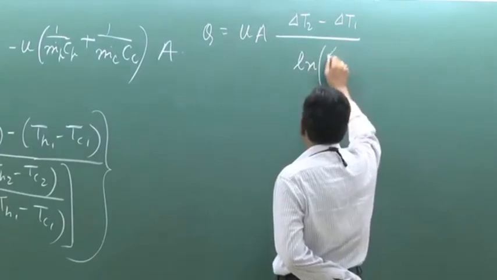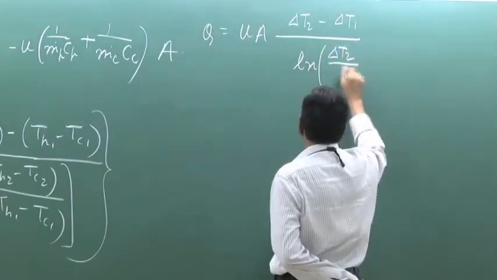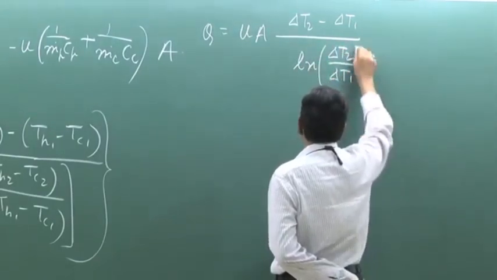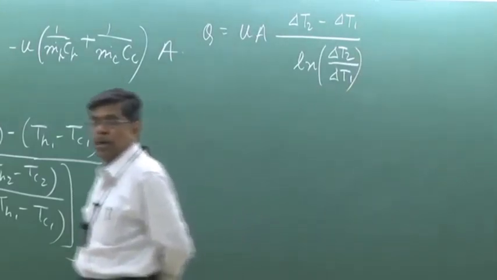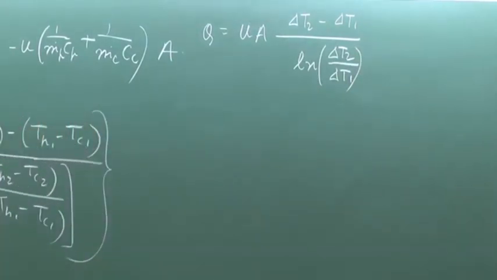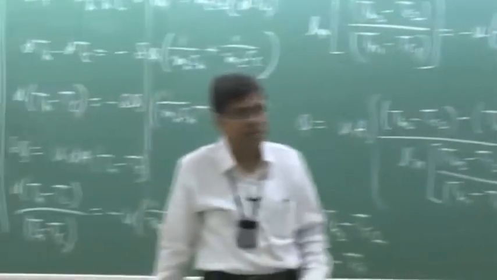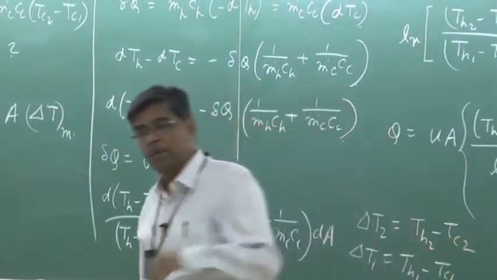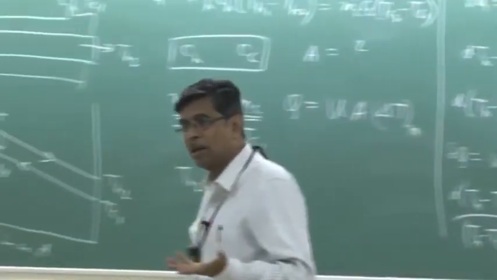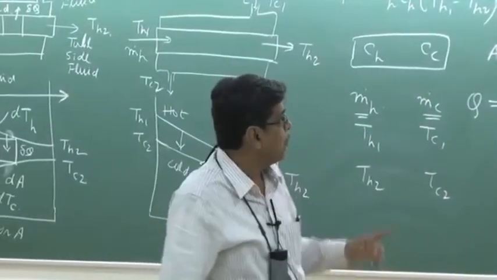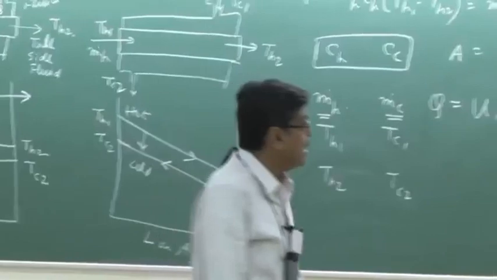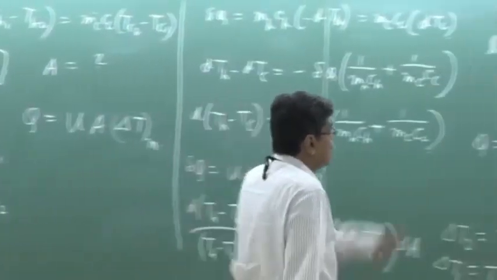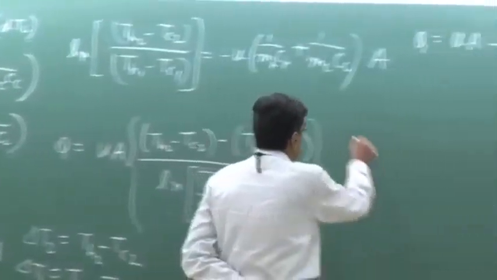It will always be positive whether delta T2 and delta T1 vary with their respective magnitudes, higher and lower, because plus minus will be adjusted. If delta T2 is more than delta T1, both numerator and denominator will be positive, and if it is the other way, both are negative.